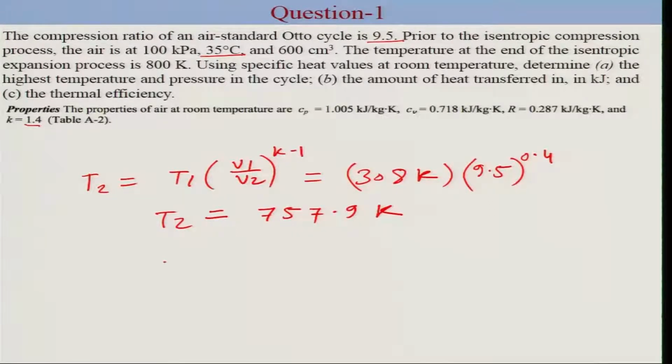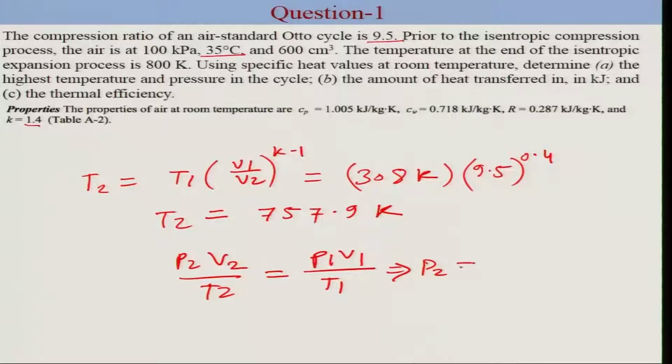Now, here we assume air as an ideal gas. So, from the ideal gas equation of state, P2 V2 upon T2 will be equal to P1 V1 upon T1. From here we get P2 equal to V1 by V2 times T2 upon T1 times P1.